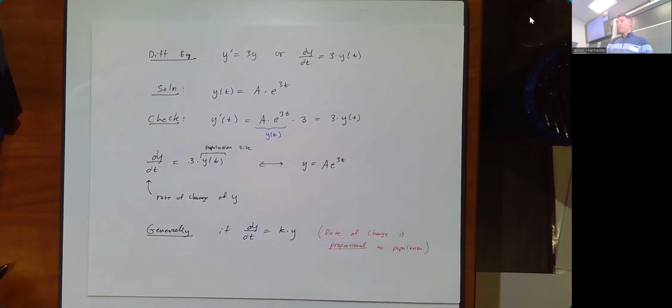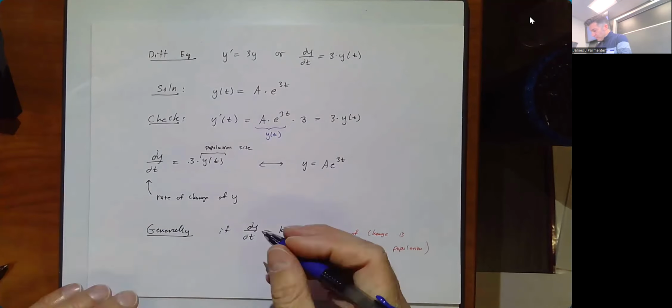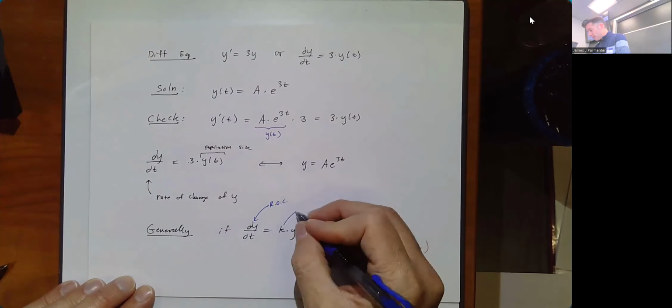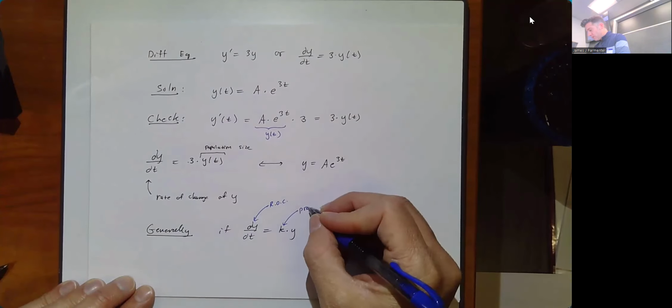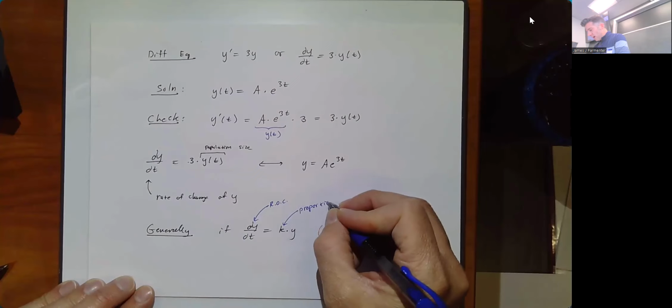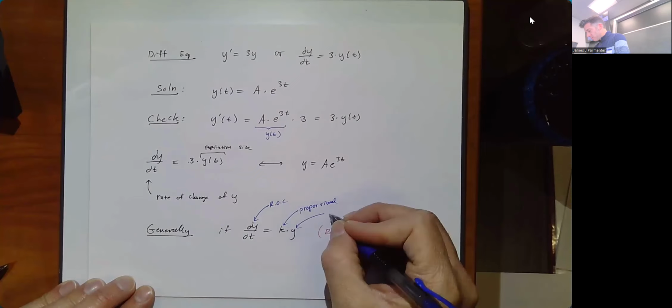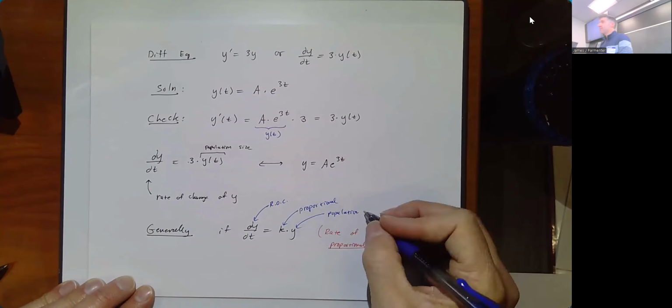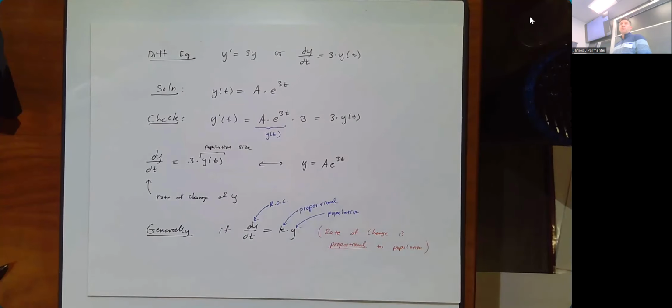And again, just to be super explicit here, dy/dt is the rate of change multiplied by a constant. That's where we're getting proportionality. And y itself is the population size at time t. That's what this equation represents.